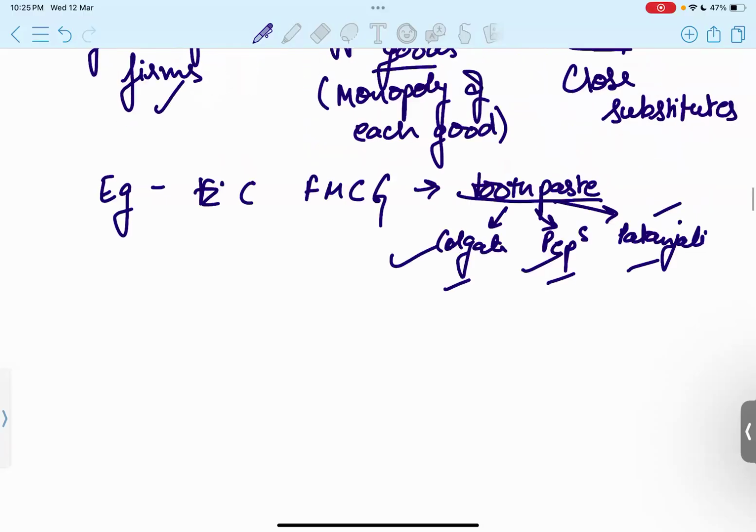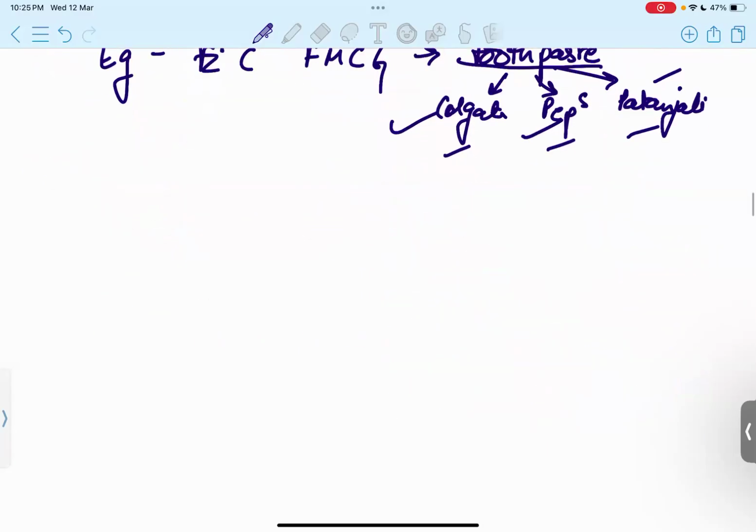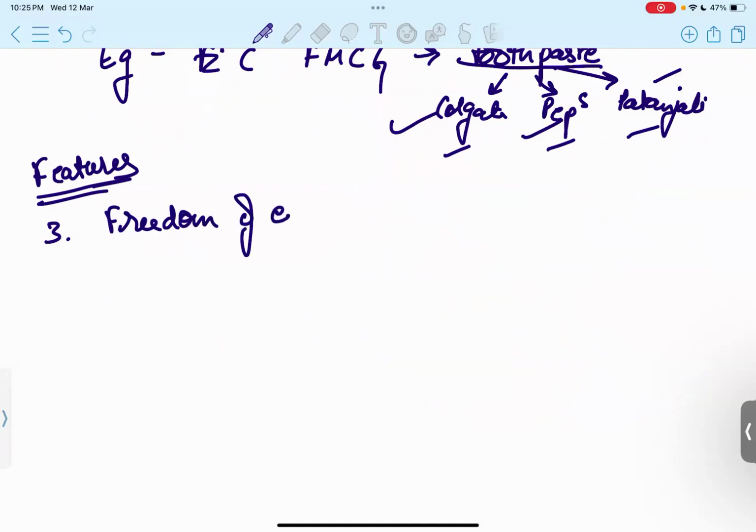So under features, we have seen a large number of firms are there and differentiated goods are being produced. Now the third feature would be the freedom of entry and exit. This is also part of perfect competition, but here it is a relative comparison.